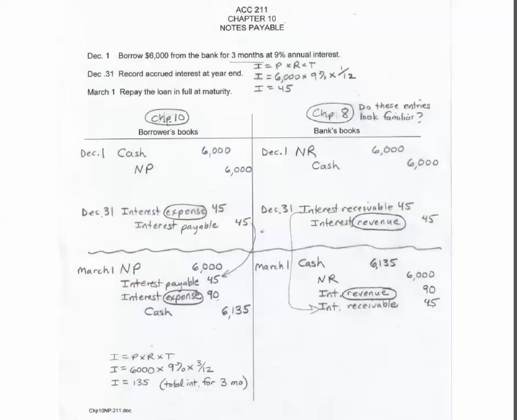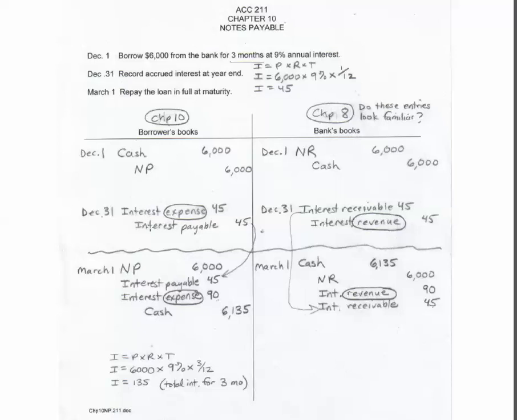All right, now in Chapter 10, let's see how closely related these entries really are. Instead of the bank loaning out the money and have a receivable on their books, if you were the person that showed up at the bank to borrow the money, you are walking out the door with cash, and you owe the bank $6,000.